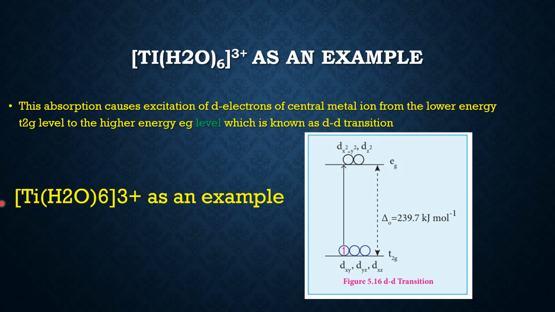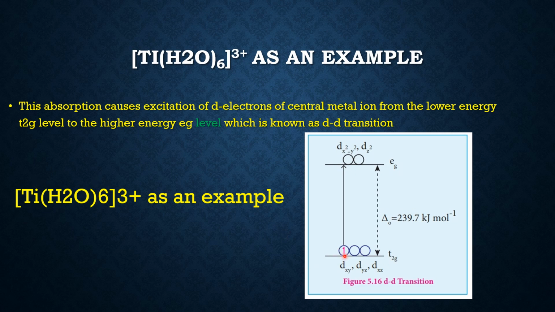So I took titanium hexaaqua 3 plus as an example. Titanium has only one electron, in the dxy orbital. Six electrons can fill the d orbitals fully, but actually we have only 5 orbitals. The d-d transition occurs at a lower range because it is a weak neutral ligand field.